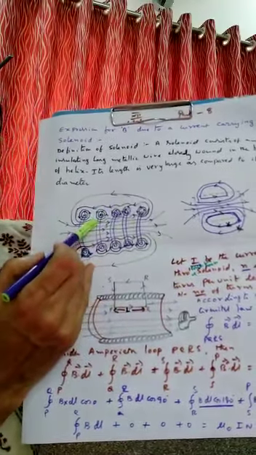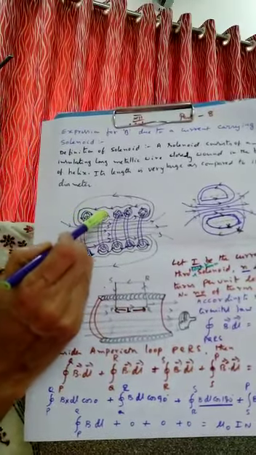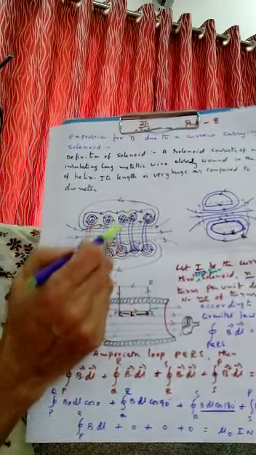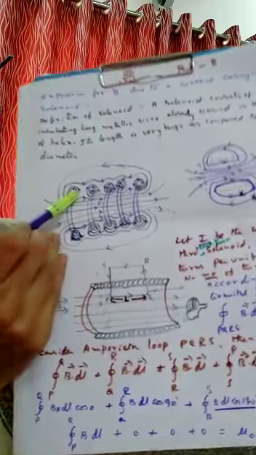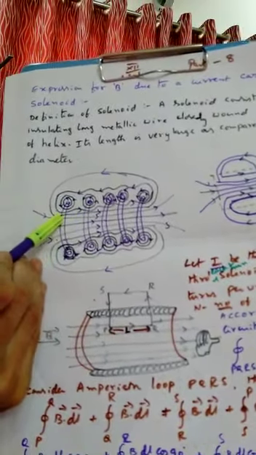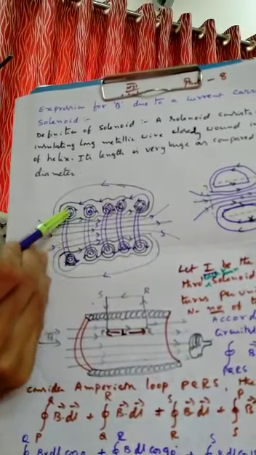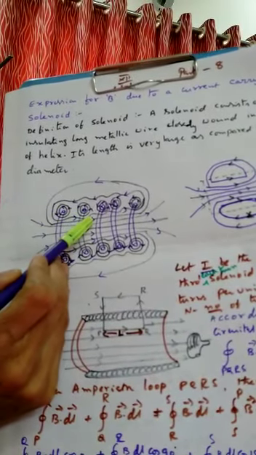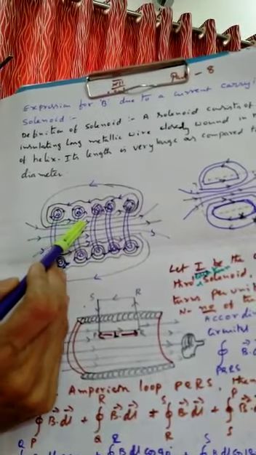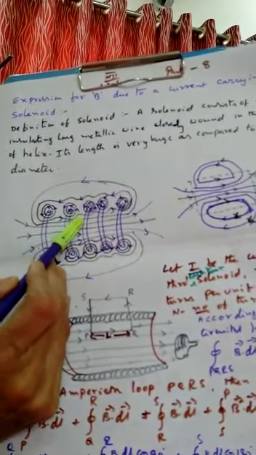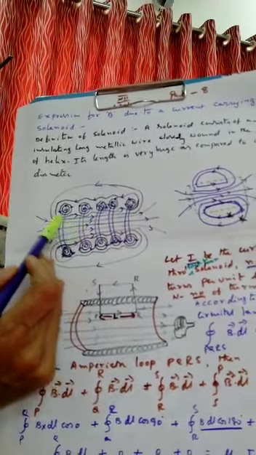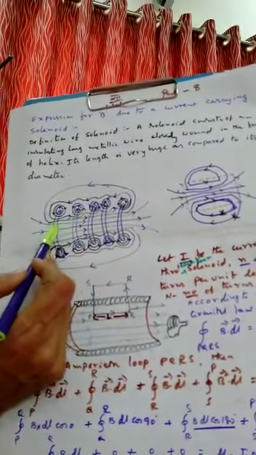If you observe carefully, the magnetic field lines are circular loops on both the sides, the edges of the solenoid. And according to the right hand thumb rule, the magnetic field lines in each turn and the neighboring turn are opposite to each other. So the resultant magnetic field outside the solenoid is very weak. But inside the solenoid, all the magnetic field lines are in the same direction.